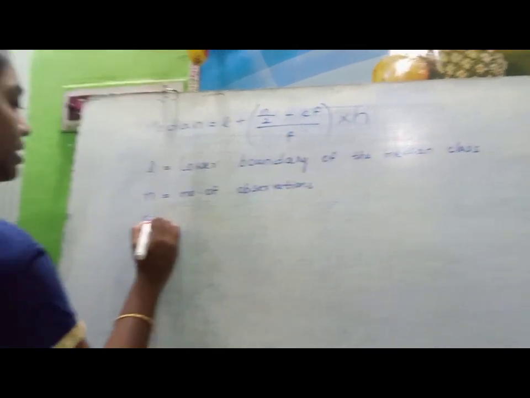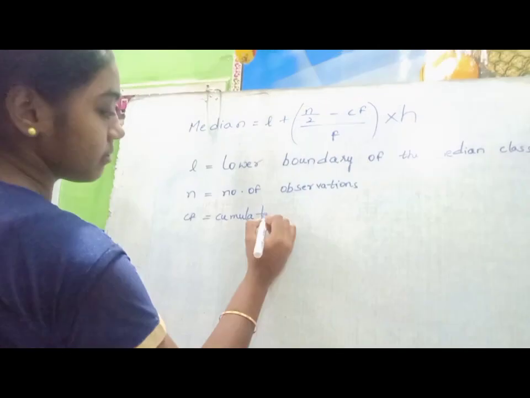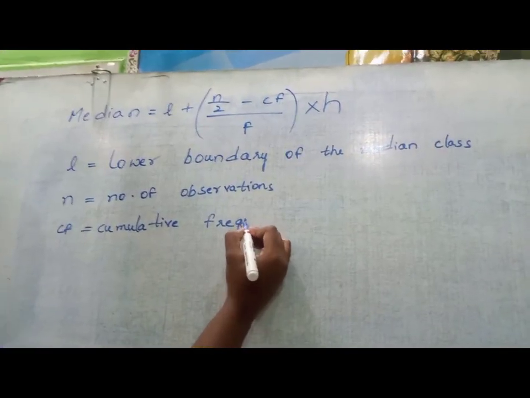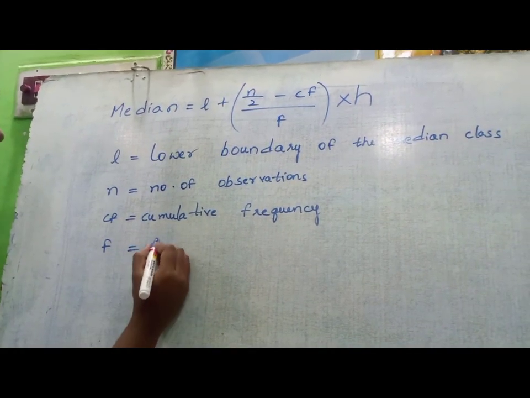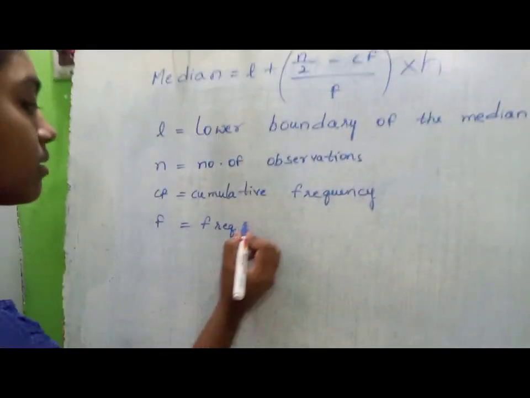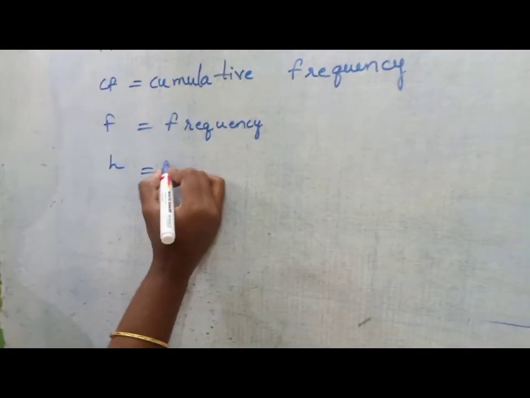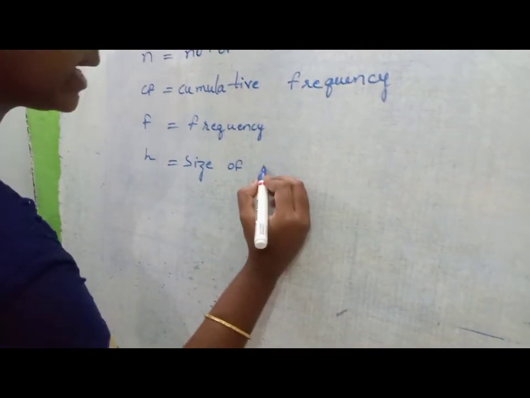And CF is cumulative frequency. F is the frequency. And finally H is the size of the median class, or we can call it height also.